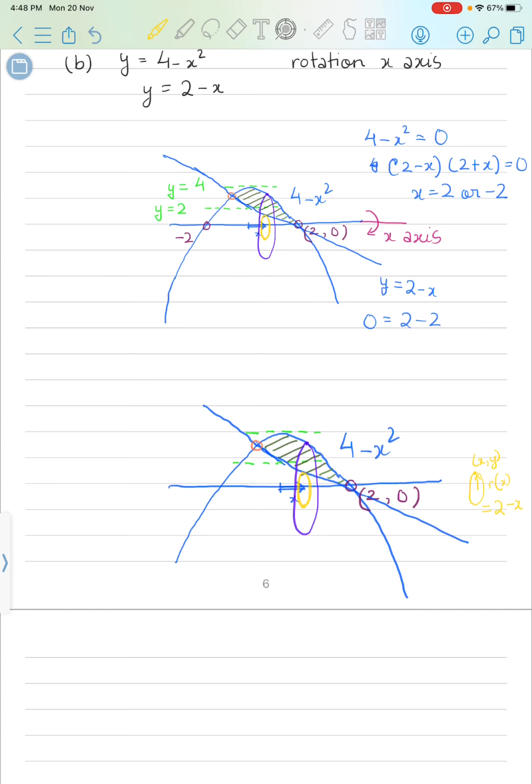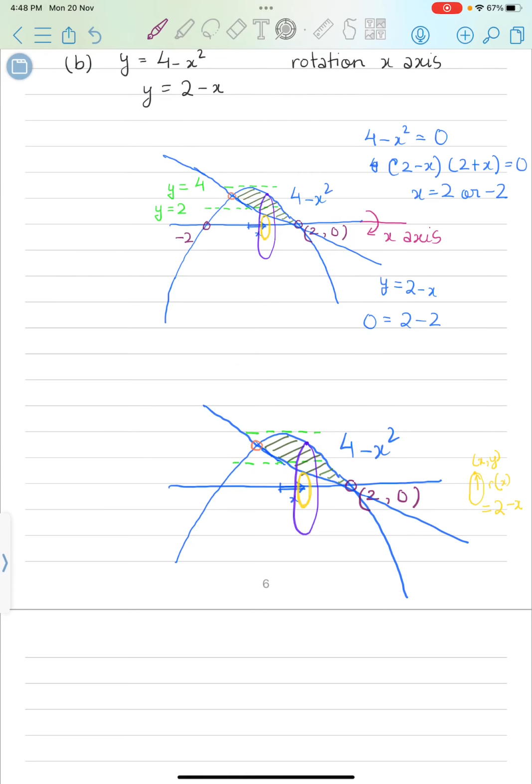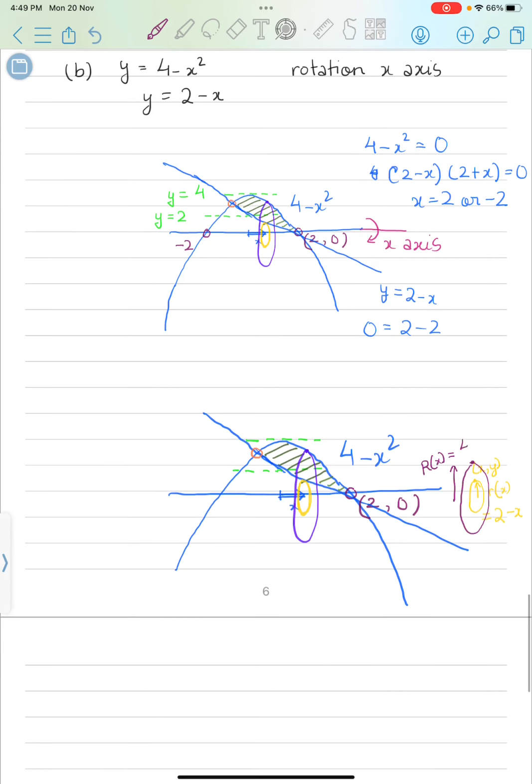And now if you concentrate on this purple point, let's say this is capital Rx, then this is equal to 4 minus x square by the same logic.